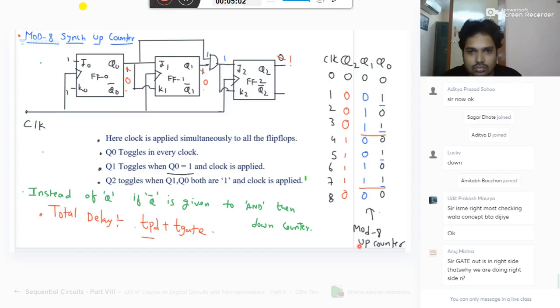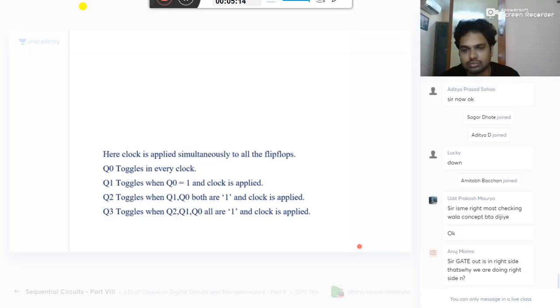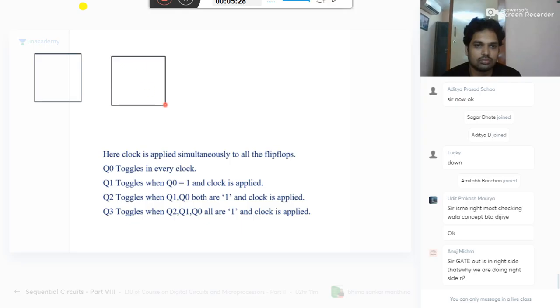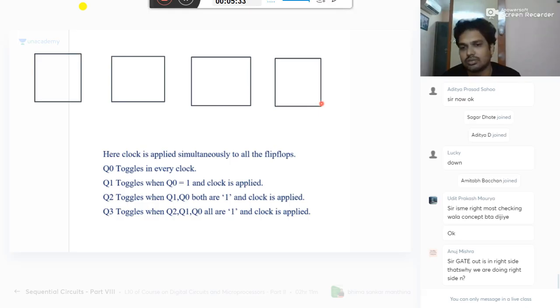So let me make that also. Quickly, let's do this part also. So instead of 3 flip-flops, you will be taking 4 flip-flops. That's all. So the clock will be common to all of them. Any triggering, whether it is positive or negative, doesn't matter.